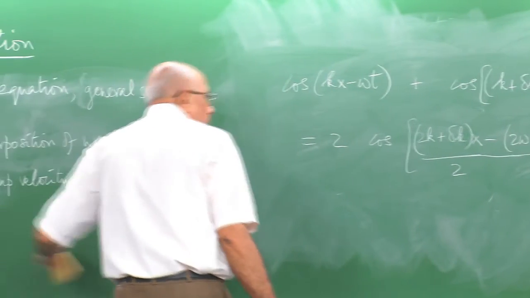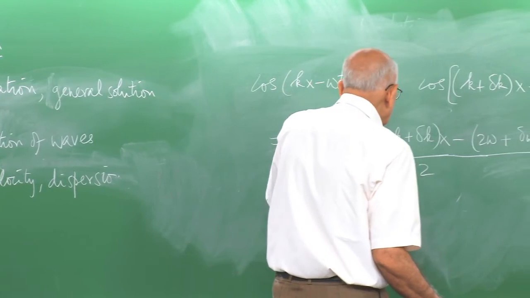So we could write this as the cosine of (k plus delta k over 2) x, and so on.